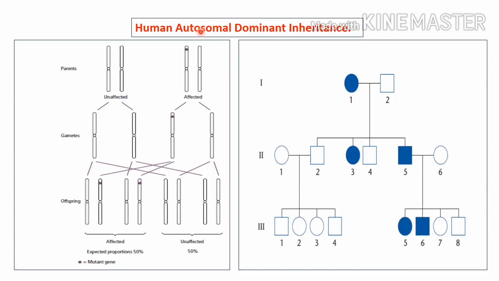So autosomal dominant inheritance expresses itself in all generations, every generation has an affected individual, and both male and female may be affected. So when the mutated gene expresses itself in all generations, it represents an autosomal dominant inheritance.